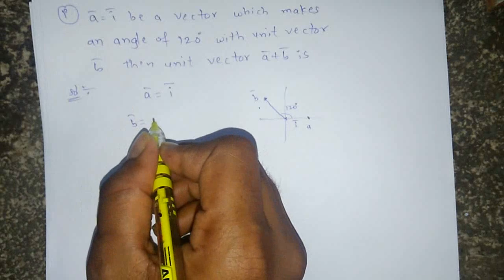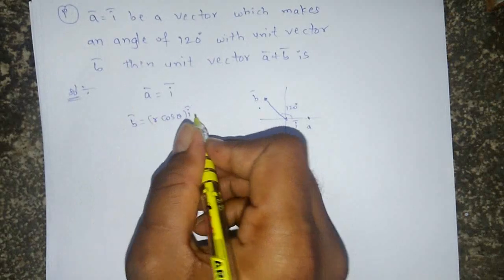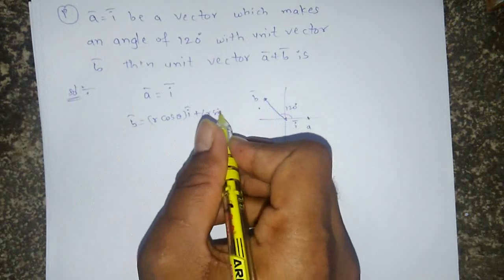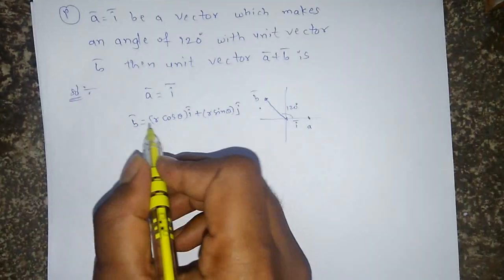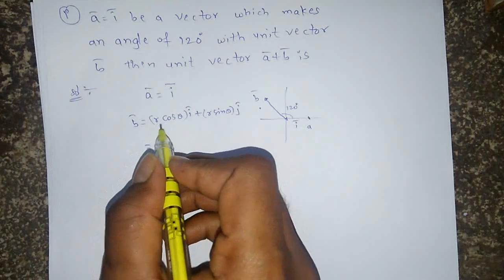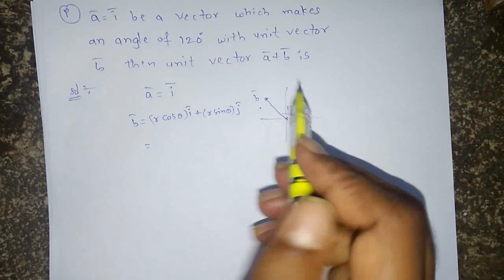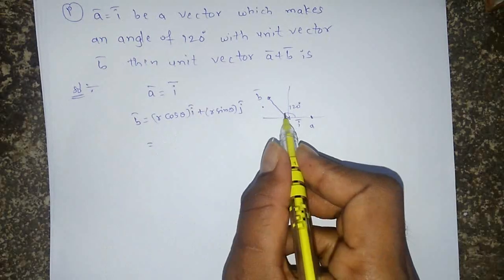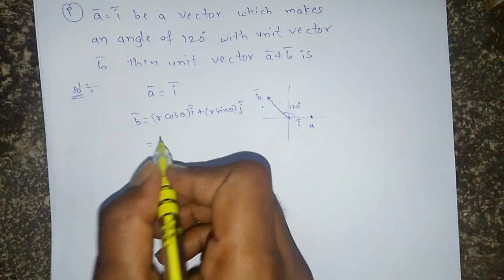B bar is equal to R cos theta into I bar plus R sin theta into J bar, where R is equal to 1, because R is the length of the vector from origin; unit vector means length is 1, so R is 1, and theta is 120 degrees, the parametric angle in the circle.